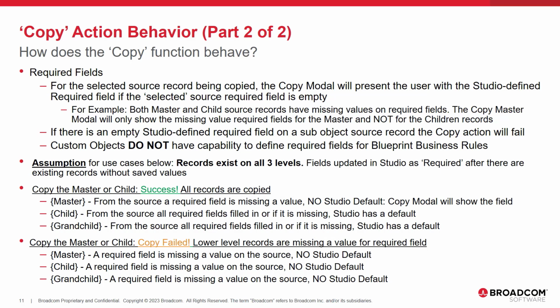So if you look at the last example here, if you pick the master, you have the chance to fill in the missing value, but the children and grandchildren records you don't, so you'll get a failure. If you pick the child record, you have the chance to fill in the child's missing value, but if there are any records under that child that have a missing value, then you could get a failure. And so those are the different examples where you might have missing required fields and either have success or failure depending on your configuration.